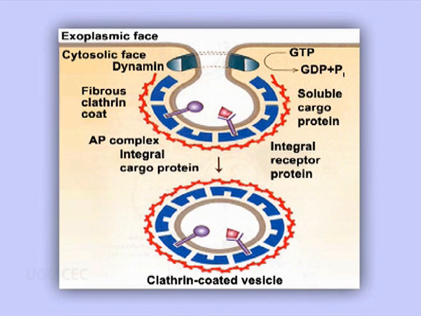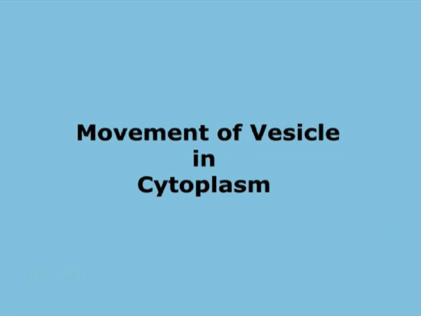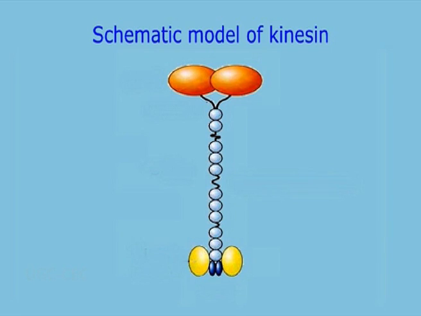Once the vesicle is formed, it needs to move towards the destination. So now we will learn about the movement of vesicles in the cytoplasm. For this, a dedicated protein known as kinesin is present in the cell.